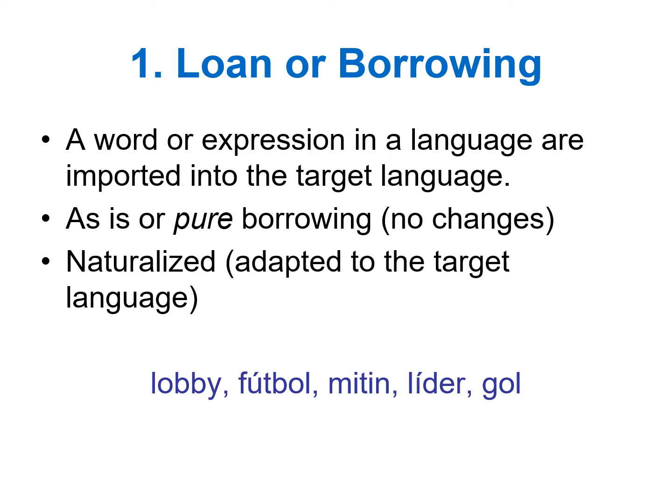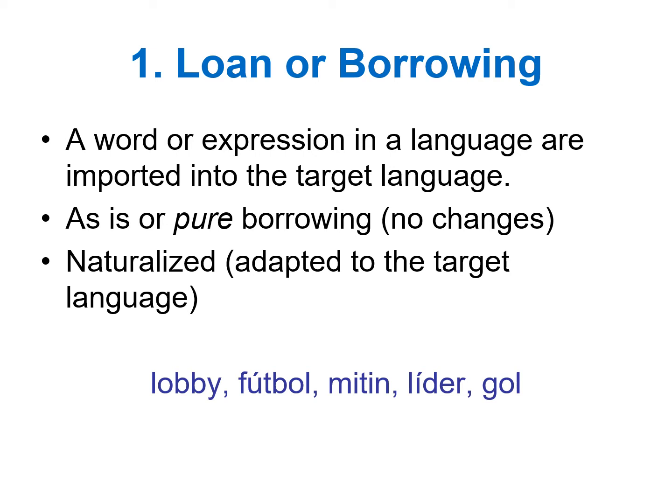So the first procedure in the direct translation strategy would be loan or borrowing. In this case, the translator would take a word or expression in a language and import it into the target language to fill a gap or a vacuum in the target language, or just because that's what is being decided to do.